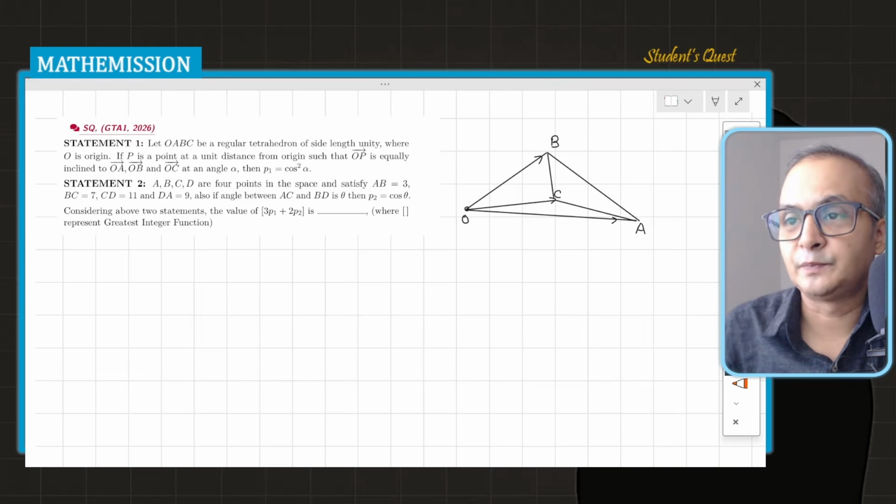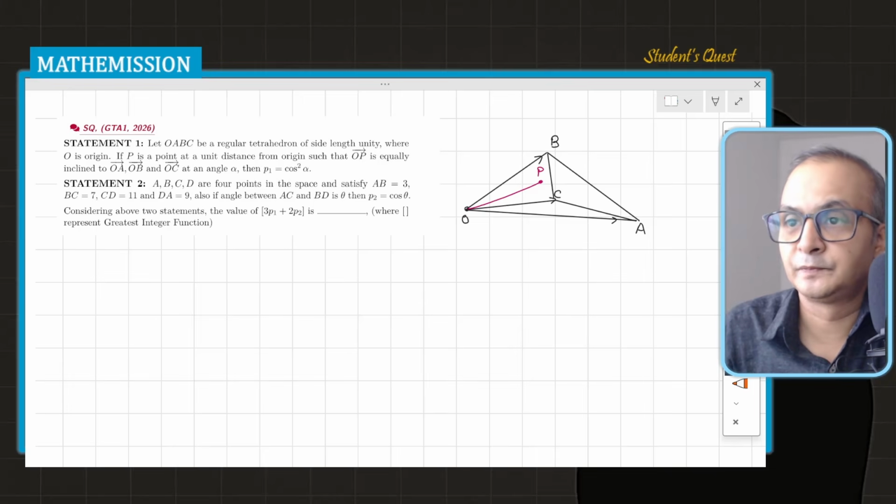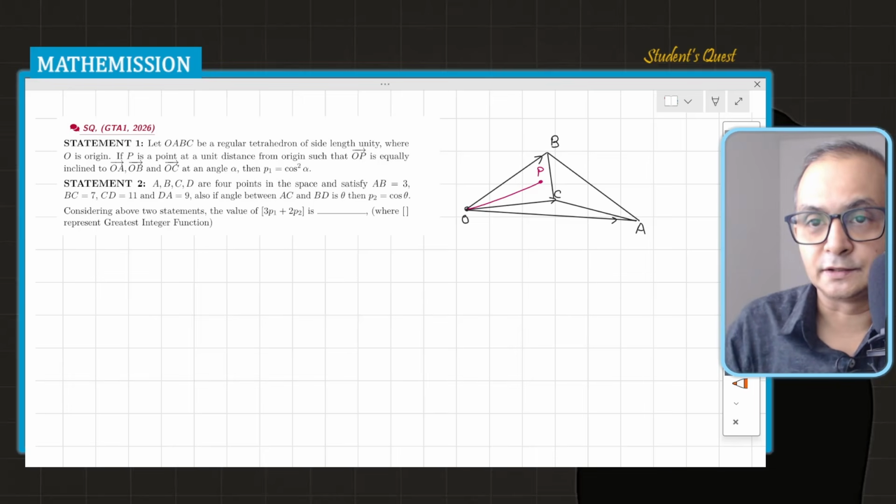And there's a point P somewhere in the same setup whose distance from the origin is 1 unit. So let's call this OP vector a small p vector.